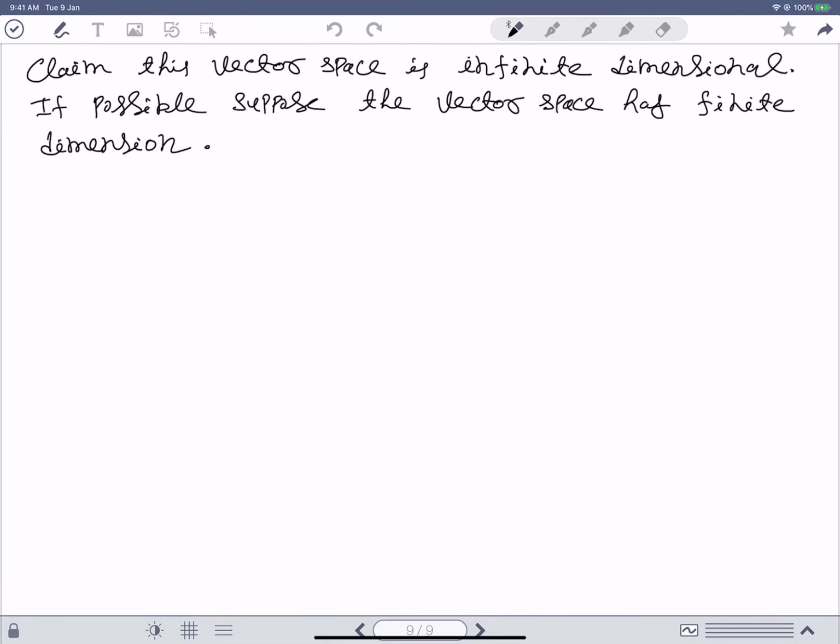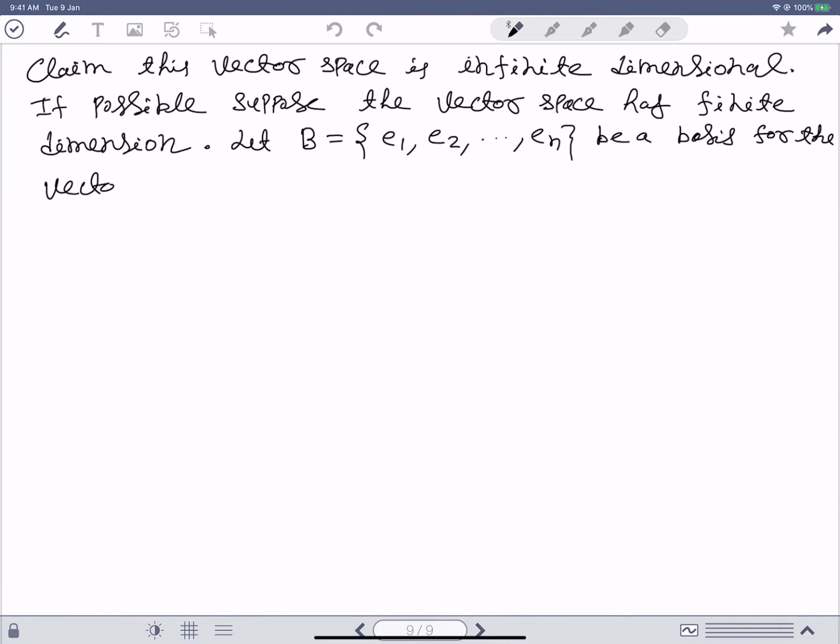That means it has a finite basis. So let E1, E2 up to En be a basis for the vector space, for some n belonging to the natural numbers. Obviously it has dimension at least some value; it should not be 0 dimensional.